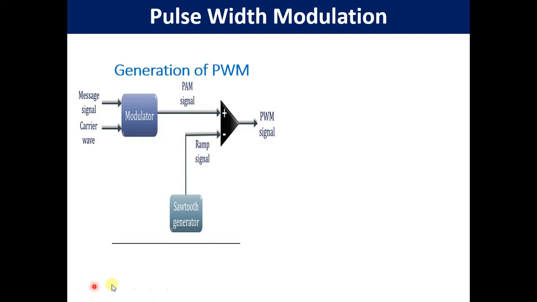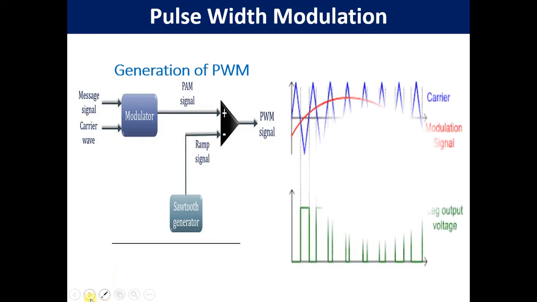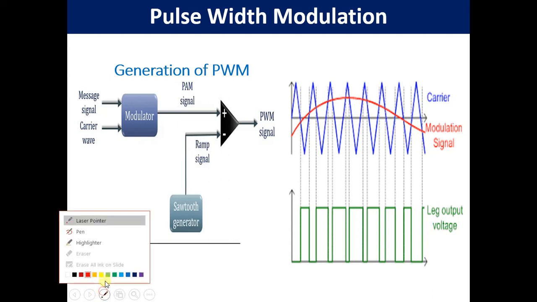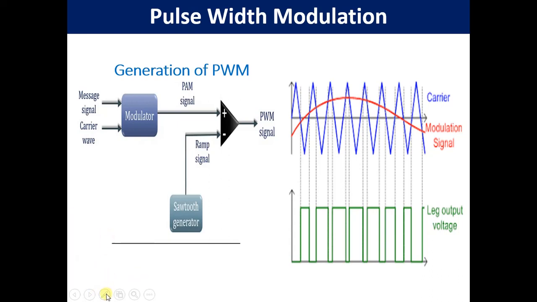The figure shows the block diagram of the generation of PWM. In this, we are using a sawtooth generator. The sawtooth generator generates a sawtooth signal of frequency fs.